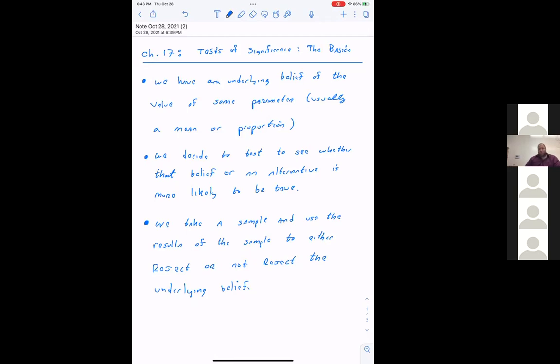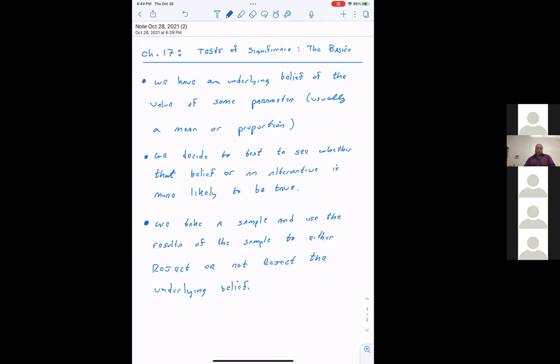You took out your ruler, which you carry with you because everyone does that, and you measured the sub, and you're like, oh, 11.3 inches, and the next one 11.6 inches, and the next one 11.4 inches, and you're like, you know what? I think Subway's lying to us. I think they're pulling a fast one. So let's test this. Let's test whether this underlying belief of a 12-inch long sub is correct versus the alternative that it is actually less than 12 inches.